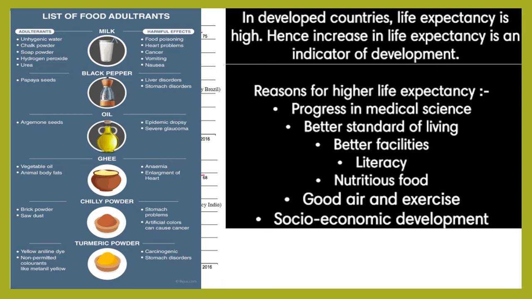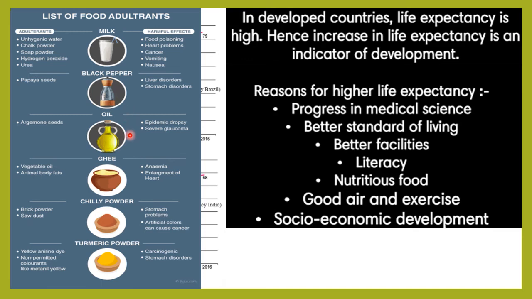So what is adulteration of food? As you have a list of adulterants, see, in milk chalk powder can be added, soap powder, hydrogen peroxide, urea. In black pepper, papaya seeds can be added.